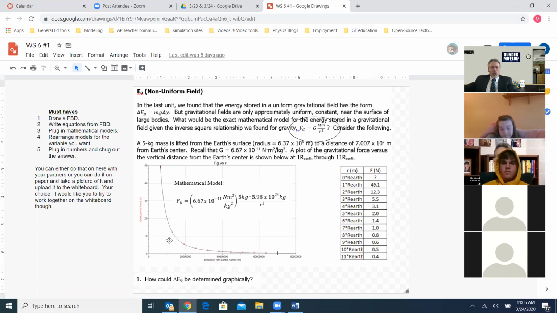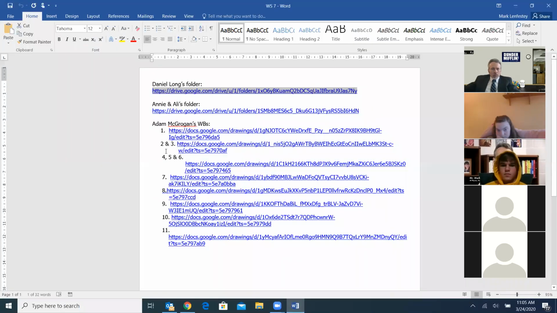It was probably a little bit too much area. It was a little bit too big. If I want to find the area exactly, what I have to do is integrate this equation up here with respect to r. And so it says now using calculus, derive what that equation should be. So let me go ahead and let's see, Adam, I think I'm going to pick yours now. This is number 4, 5, and 6.